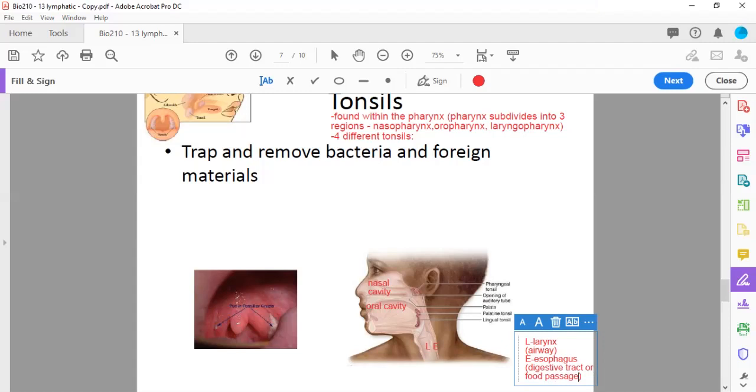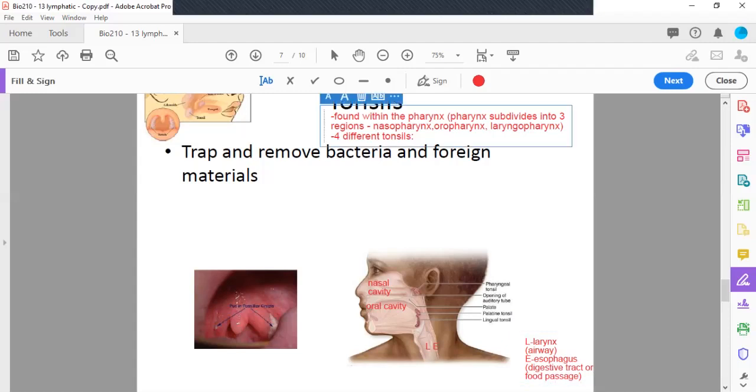So now let's go back to what we have, the four different tonsils. The first tonsil we have is going to be known as the pharyngeal tonsil.